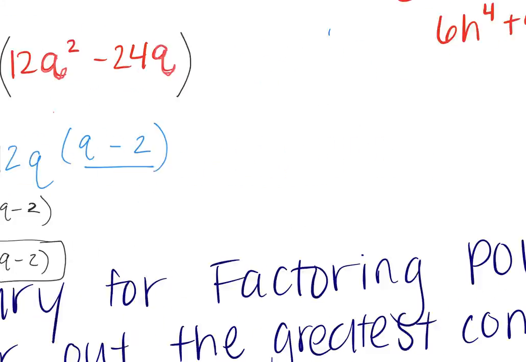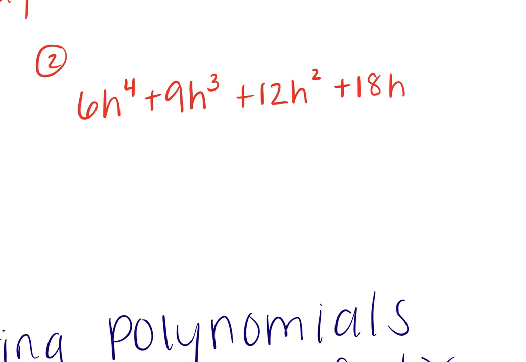Here is the second one. 6h to the 4th plus 9h to the 3rd plus 12h squared plus 18h. Elijah, how many terms are there? There's 4. So what do we need to do, Ashton?